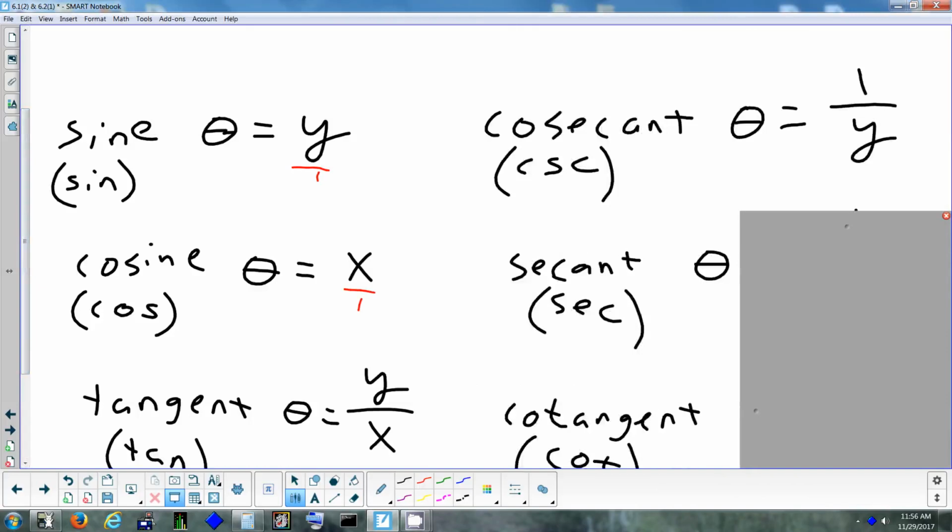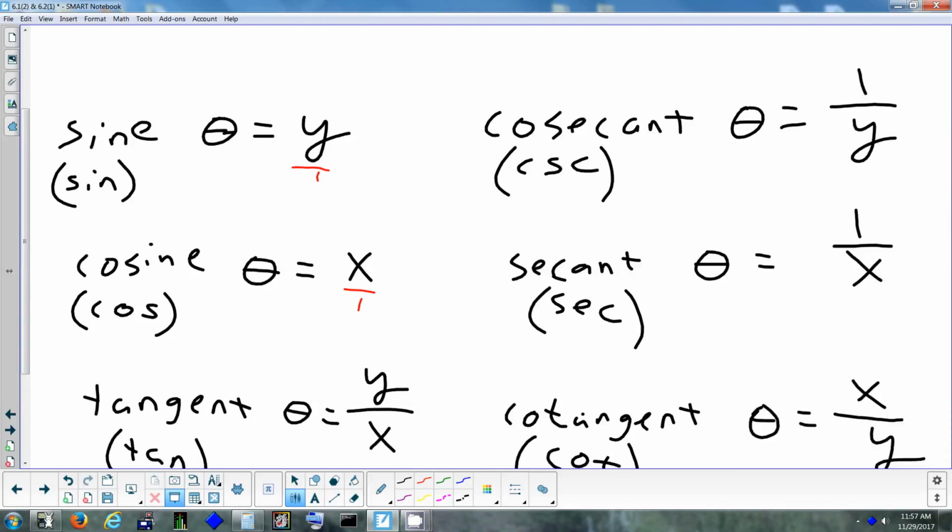Now, if this pattern continues for the other two, anyone think they could tell me what the secant would be? Yep, it'd be 1 over x. And lastly, the cotangent is the reciprocal of the tangent, which means flip. So the cotangent would be x over y.